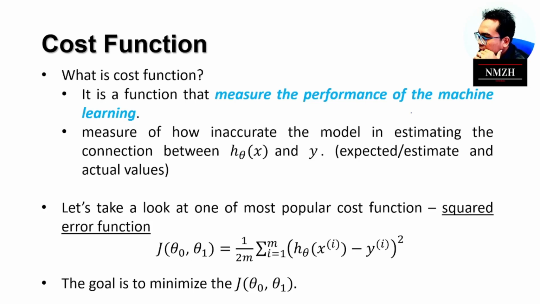When we try to find the best one, basically we will need to discuss the cost function. So what is the cost function? It is a function that measures the performance of machine learning models. It measures how inaccurate the model is in estimating the connection between, okay, remember this one and this one.